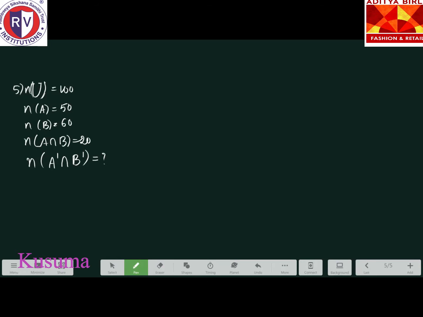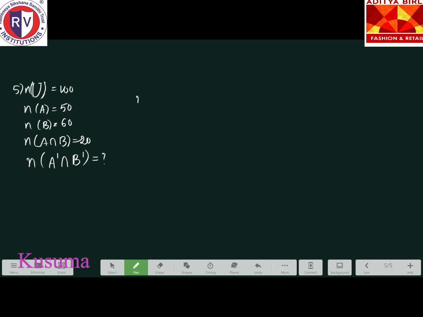This is similar to the first problem, that is, we did the problem regarding cricket and tennis. This is the same problem. Here N of U is given as 100, N of A is 50, N of B is 60, and N of A intersection B is 20. We are supposed to find out N of A dash intersection B dash. To find that, we need N of A union B first.